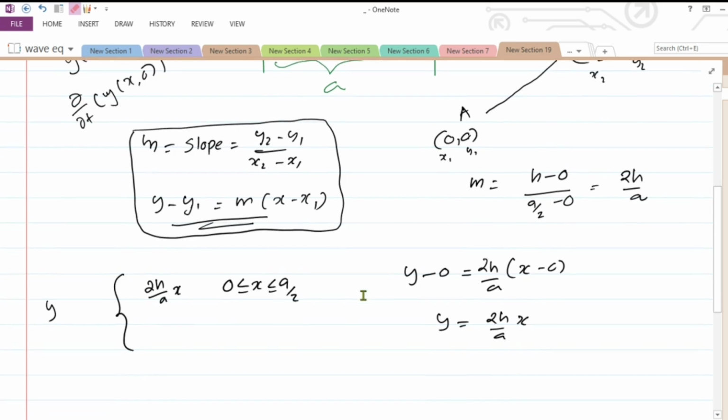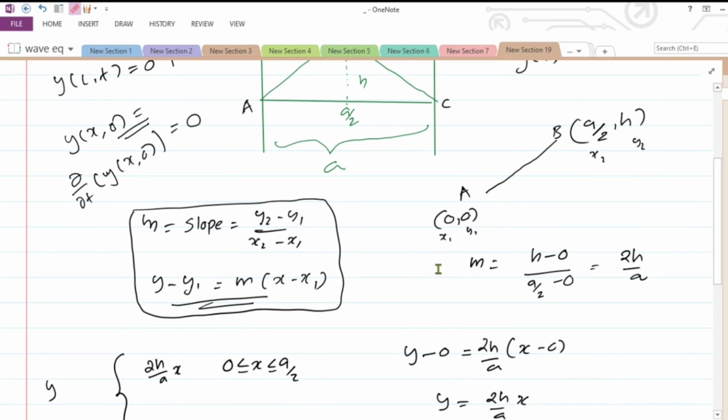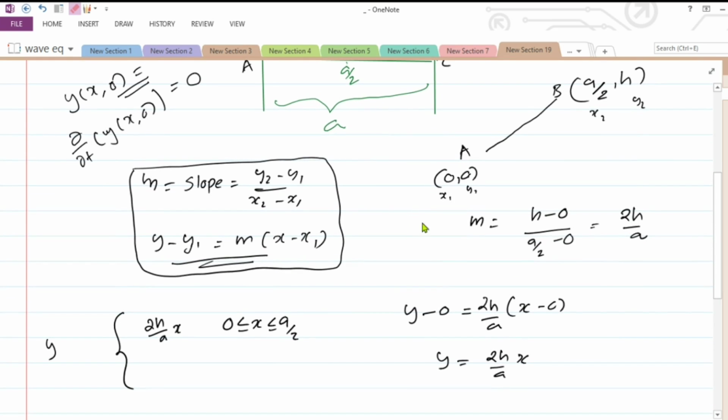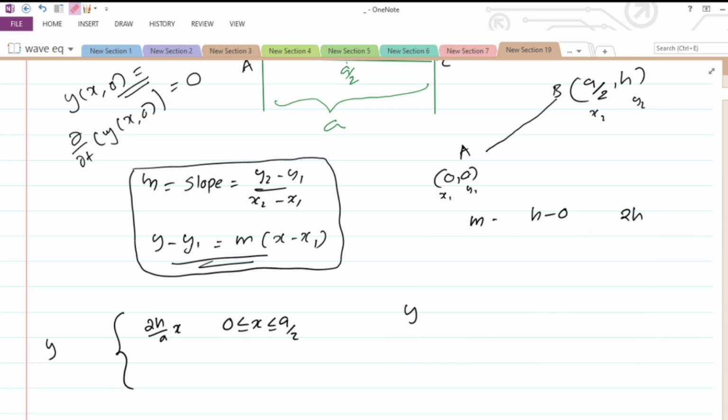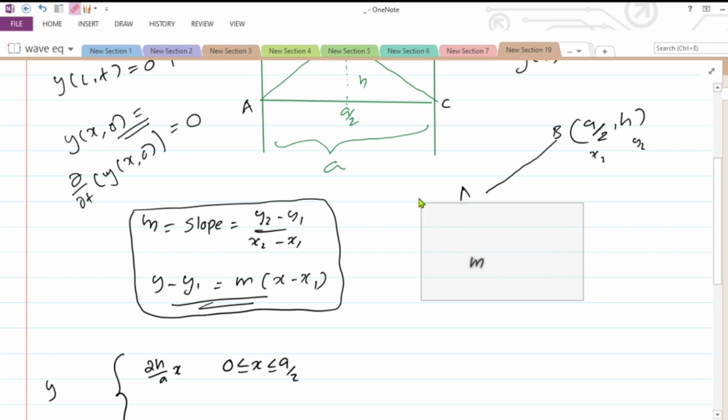Similarly, you can find the slope and the function for the other side, BC. I'll show that also. For BC you have these endpoints.